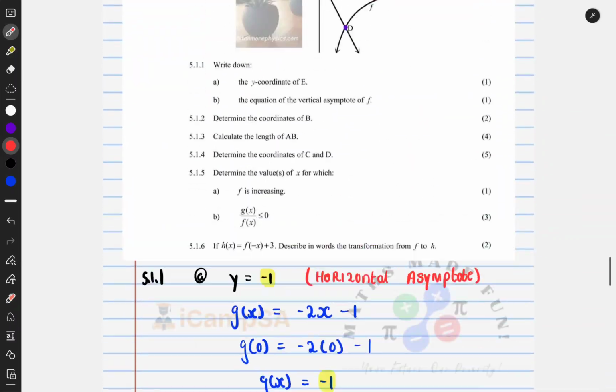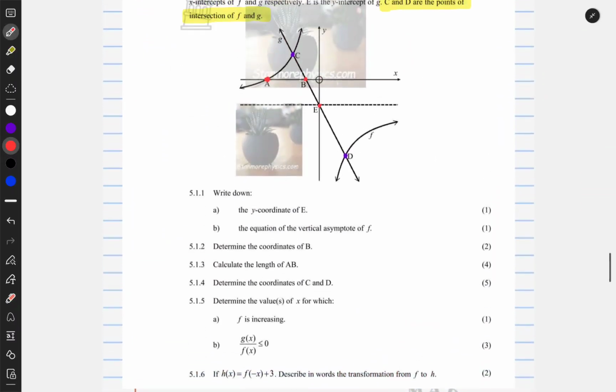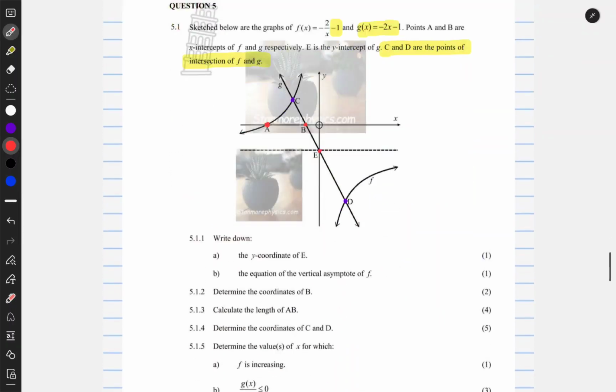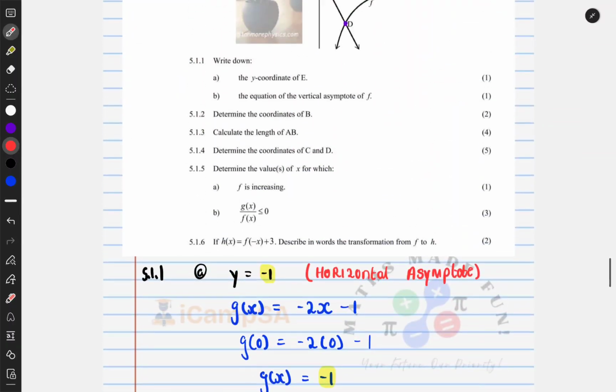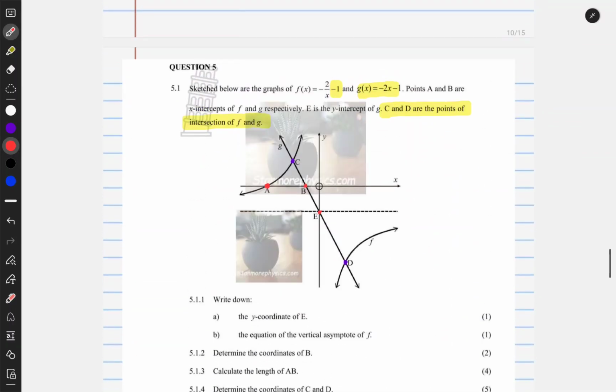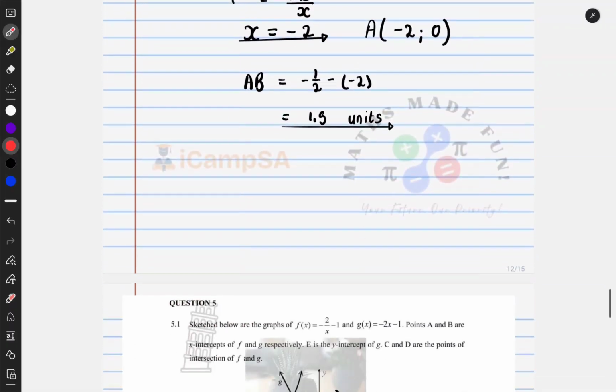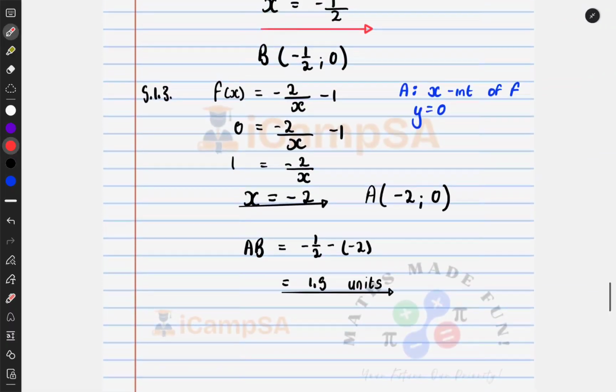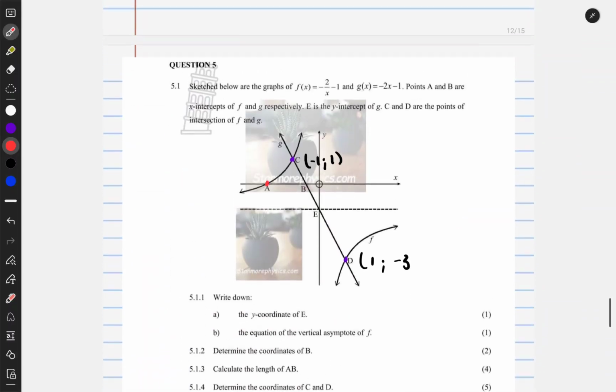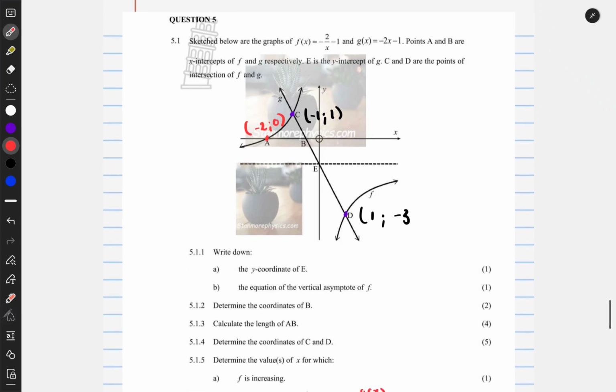what is the value of a? If we remember very well, we calculated the coordinates of a. The coordinates of a is -2 and 0.